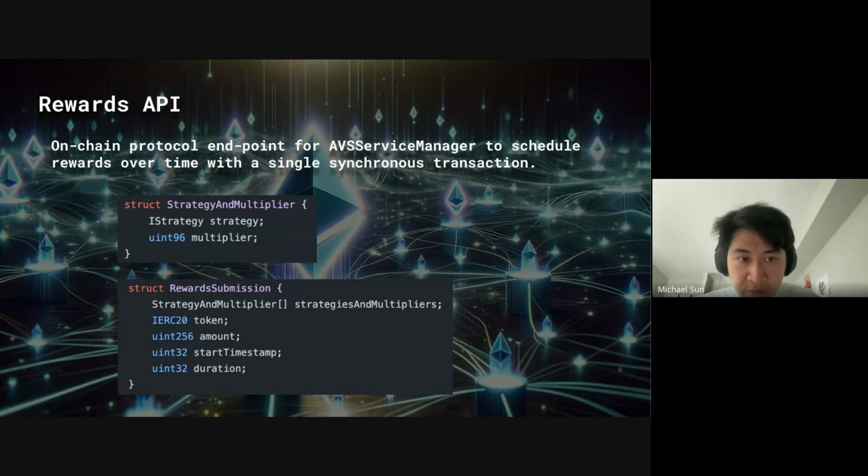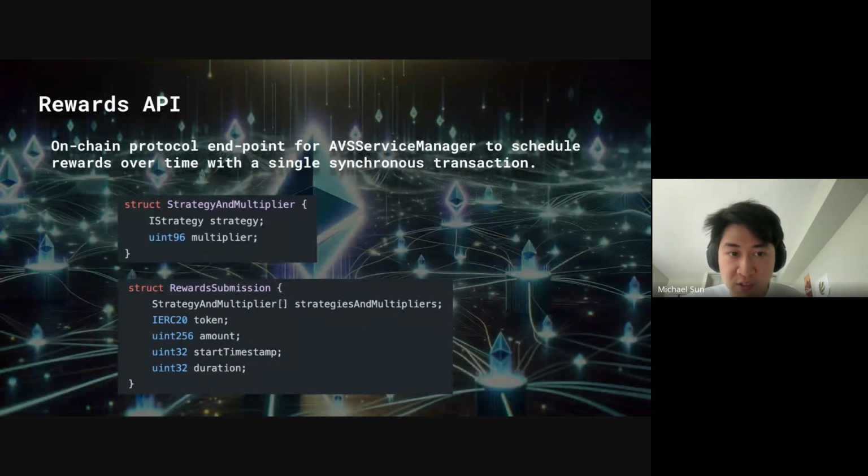Yeah, for sure. So if you're looking at this, like the strategy multiplier, if you're familiar with our middleware contracts in the repo for AVSs to build their AVS contracts off of, this should not be a surprise, because this is what's used for defining a quorum, which is a linear combination of strategies and their relative multiplier weightings. That same concept is applied here, where you create a reward submission and you value certain strategies depending on how you value the stake in your AVS network.